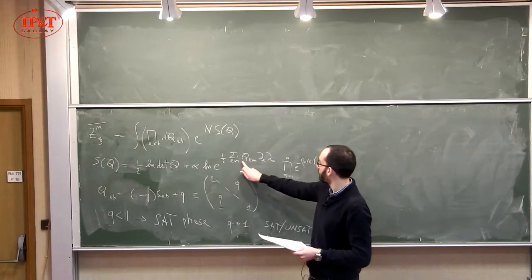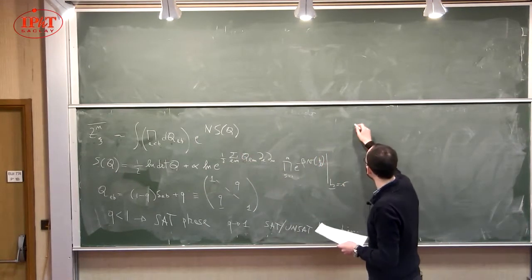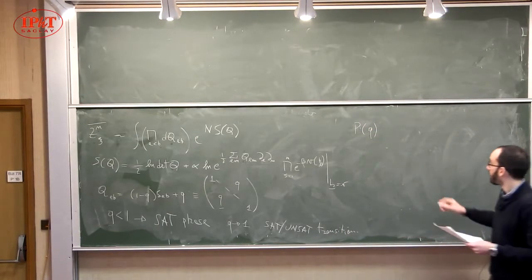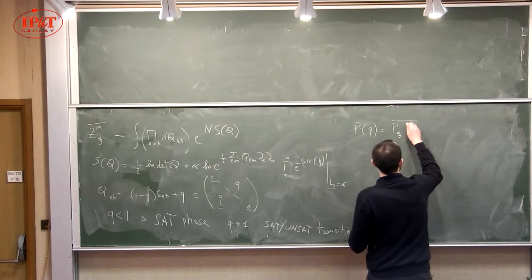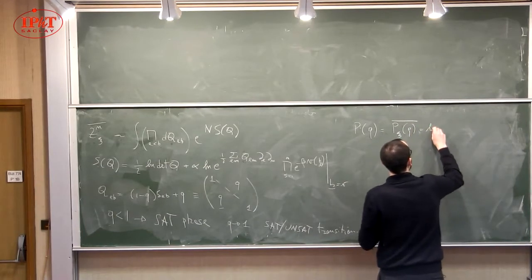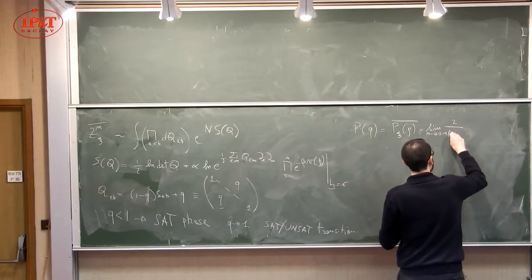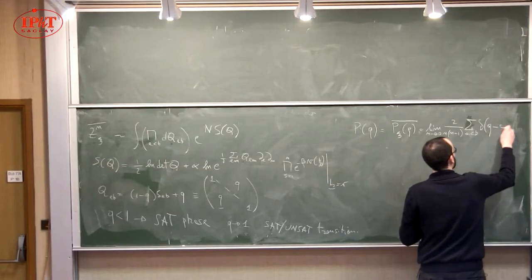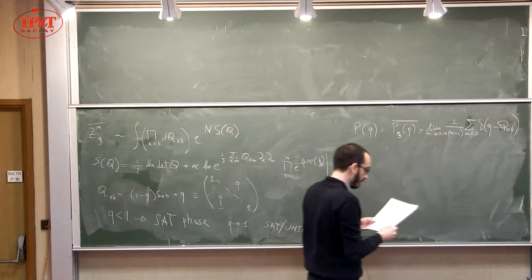So this matrix encodes the probability distribution of the overlap, the P of q. So we have obtained a formula for this. That is, so this is just where this is the saddle point solution.